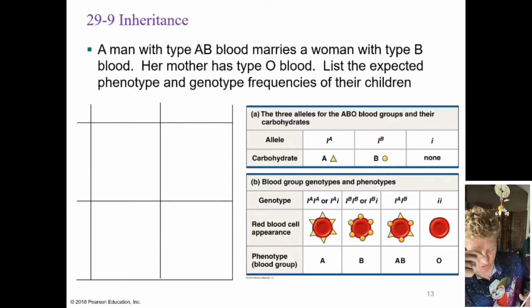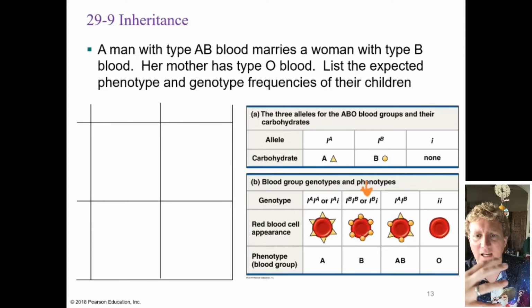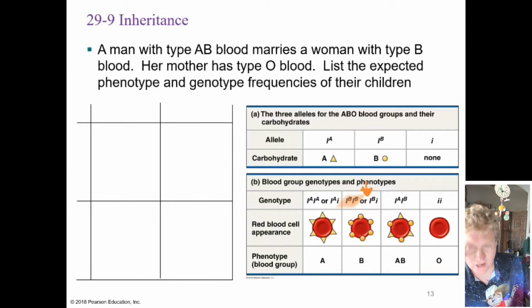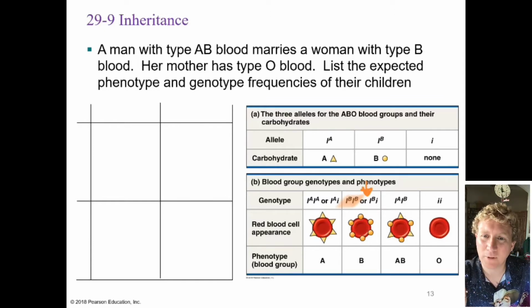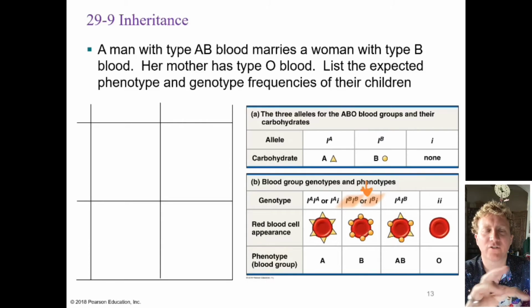Okay, so if we look down here with B, you can either be I^B I^B or I^B little i. I typically use A and B and little i, but it doesn't matter. I can be I^B I^B or I^B little i, and I'm still type B. Because right now we've got a little bit of strict dominance.